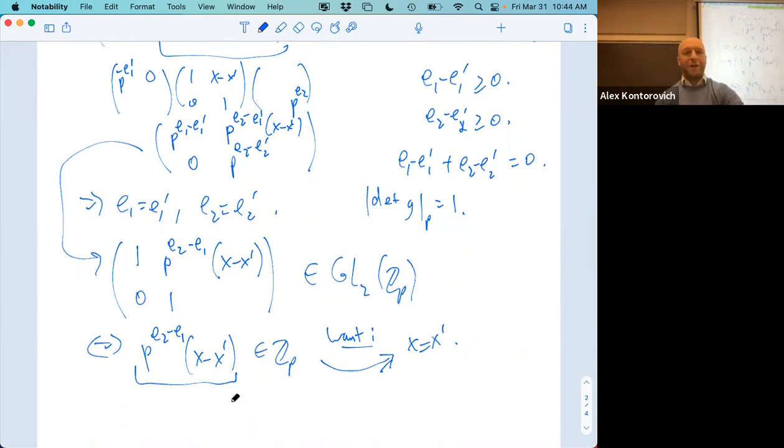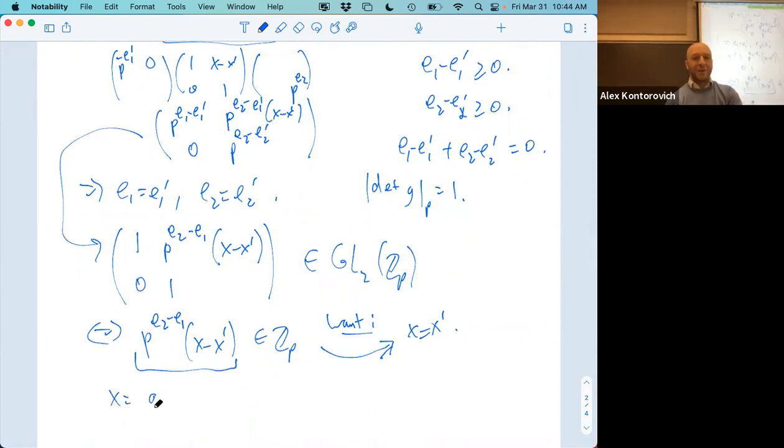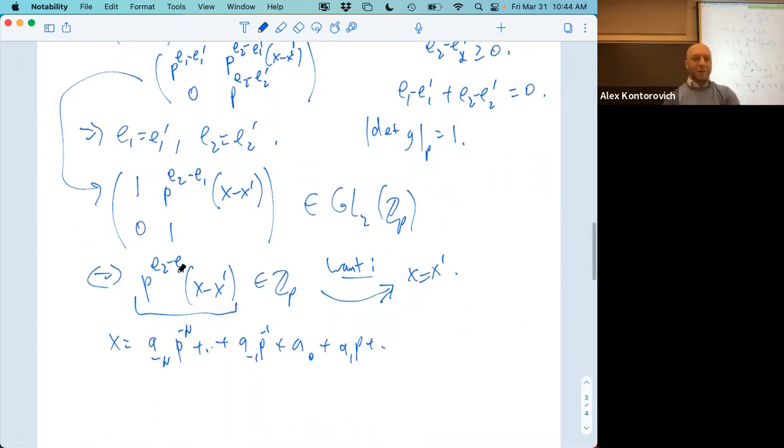All I know, you see, if I write X as some A minus N, P to the minus N, and so on, A minus 1, P inverse, plus A0, plus A1, P, and so on. And I have the same thing with X prime, and I take their difference, and I multiply that by P to the E2 minus E1. I don't know if that's a forward product or a backwards product. I have no control over E1 might be bigger than E2, less than, they could be negative, right?